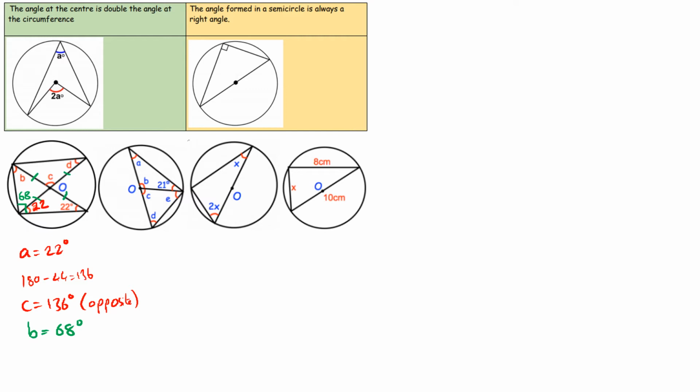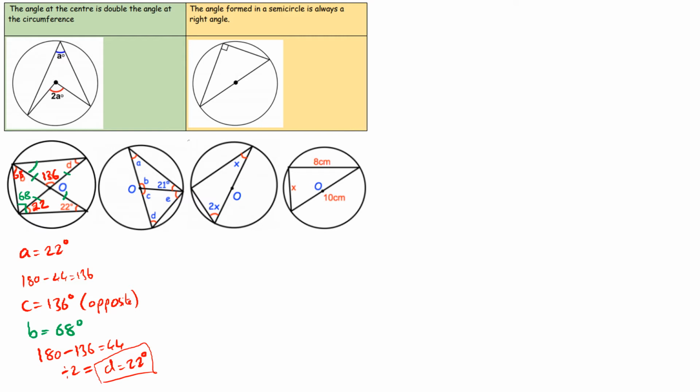So we have a value for B, we have a value for C, and we have a value for A. So we just need to find D, and D is going to be using another isosceles triangle. D and the other green angle over here will be the same. So we'd have to go 180 minus 136 is 44, divided by 2, we'll get D is 22 degrees again.